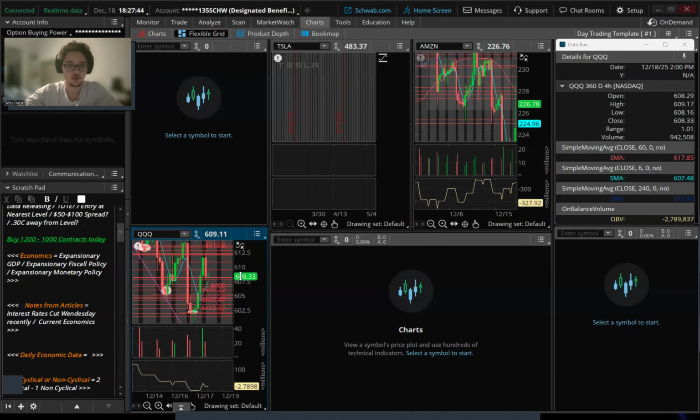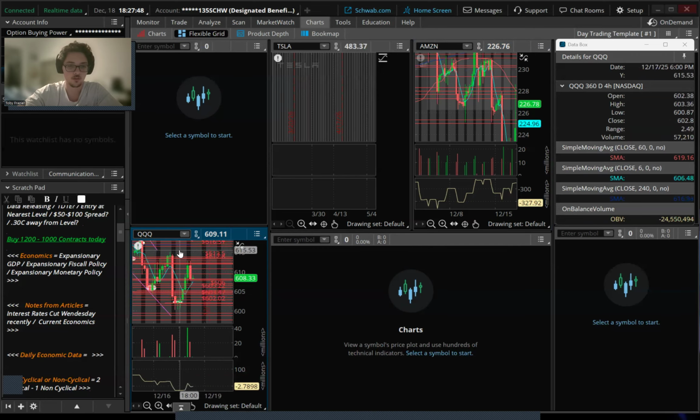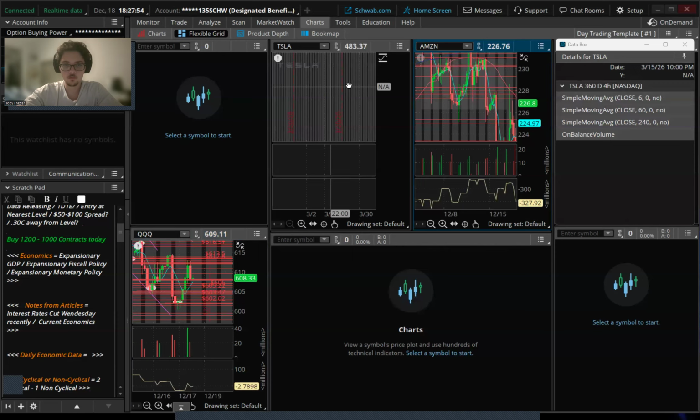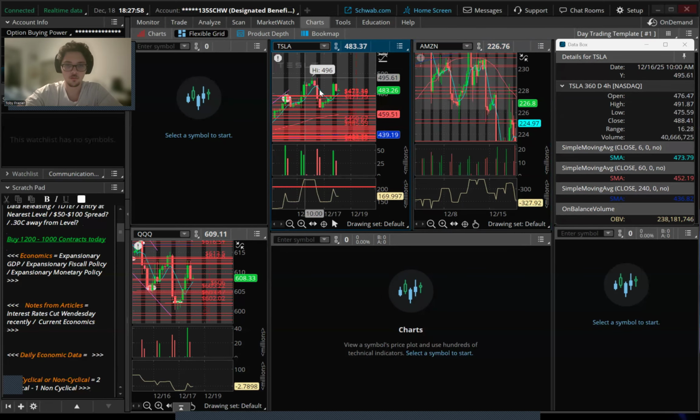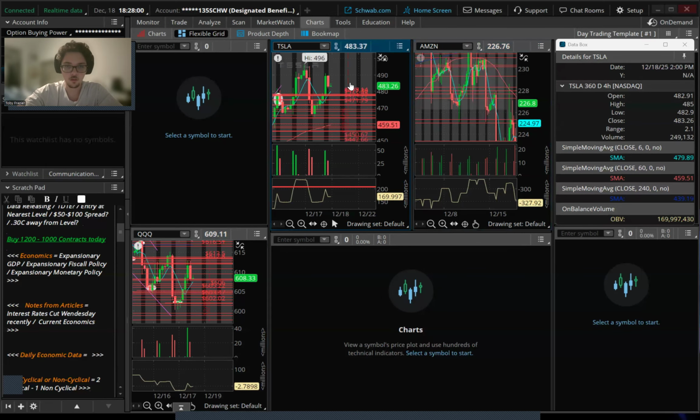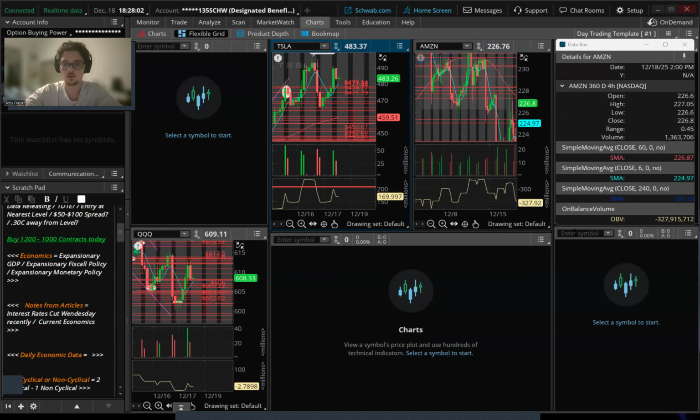So we just have a lower low, so we have a downtrend still. Oh, we had a great bounce on Tesla today. Wow.